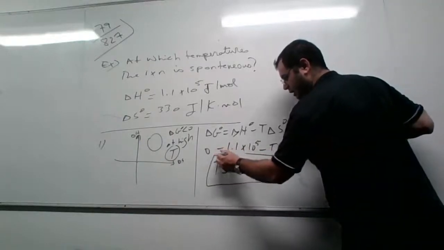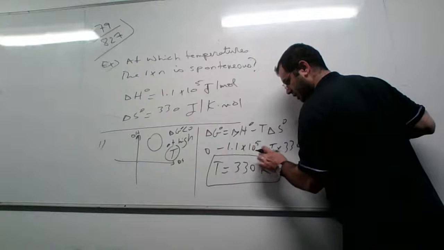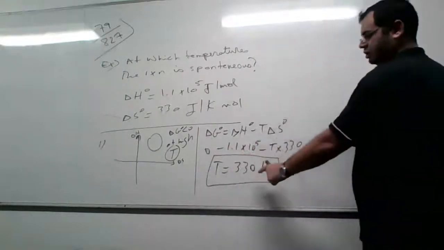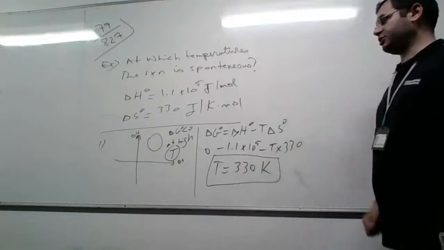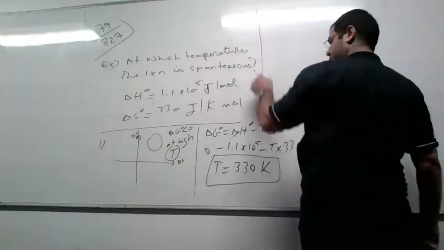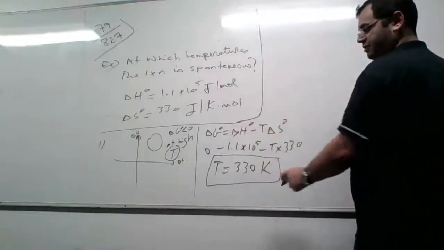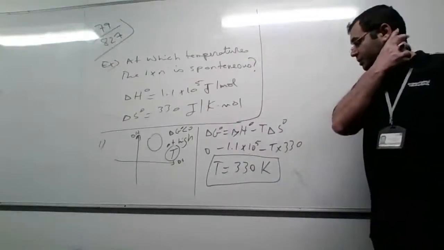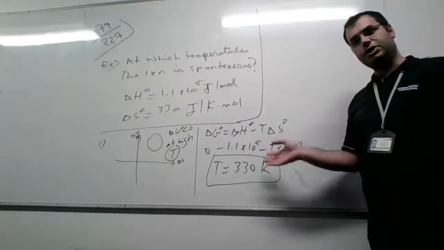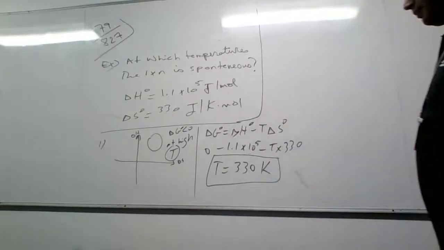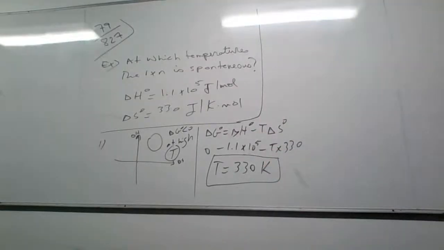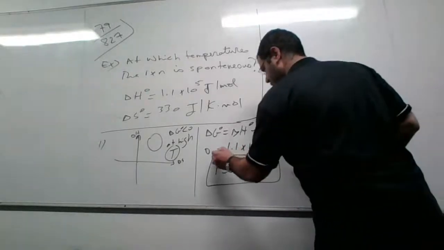According to what I analyzed with you a minute ago, now in here, the temperature should be higher than 330 or lower than 330 to be spontaneous. Of course, this is the first method.